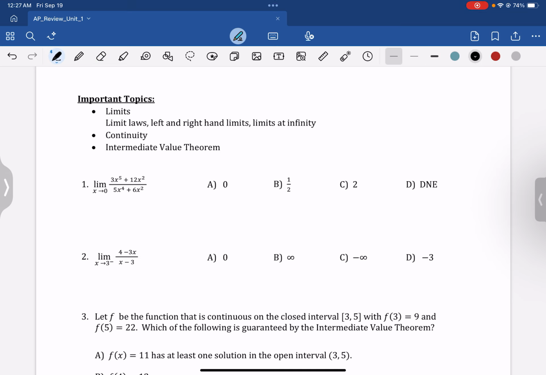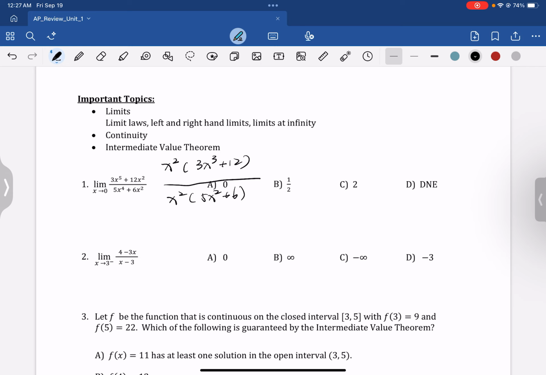What I'm going to do is factor x squared out. The numerator will be x squared times 3x cubed plus 12, and from the denominator we pull out an x squared, which is x squared times 5x squared plus 6.